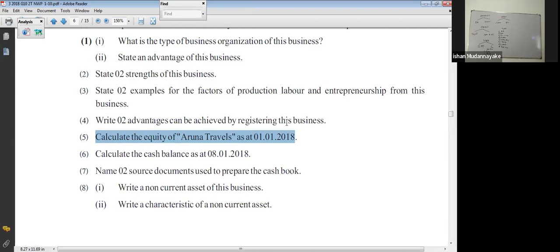Equity is the balance that belongs to the owner as at 1st January 2018. How much is the equity?